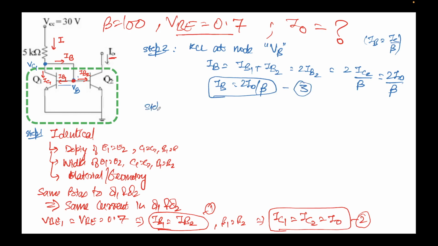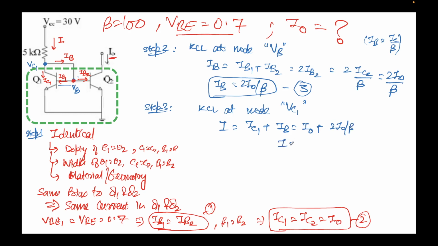Now step 3 is KCL at node VC1. Again, incoming current equal to outgoing current. The incoming current is capital I, and the outgoing current is IC1 plus IB. IC1 I know is I0, and IB is 2 I0 over beta.